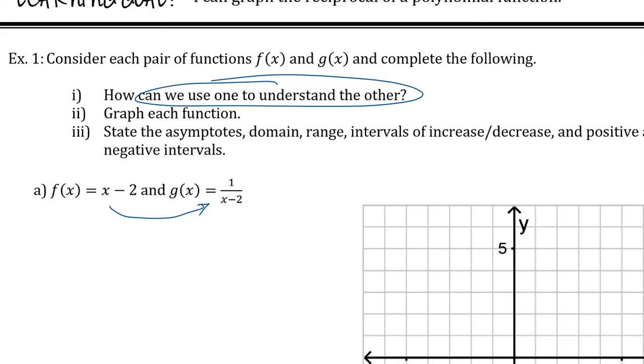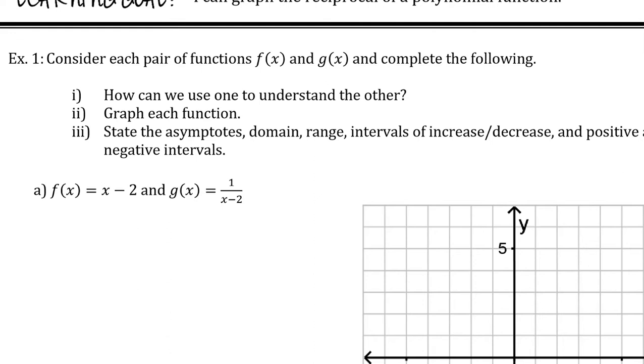What's the reciprocal of 2? 1 over 2, because it's like 2 over 1, so it becomes 1 over 2. So what's the reciprocal of 2 over 3? 3 over 2. Don't confuse this with negative reciprocal from grade 9. You don't change the sign.